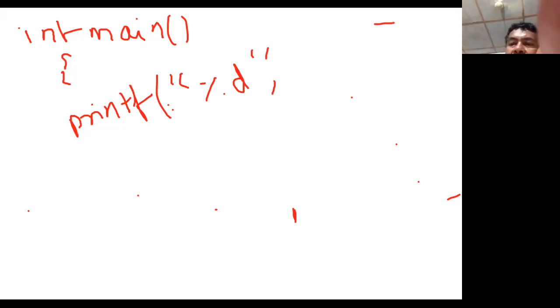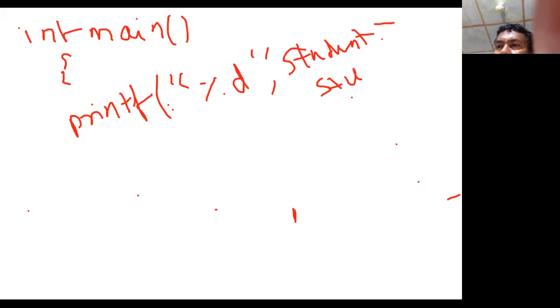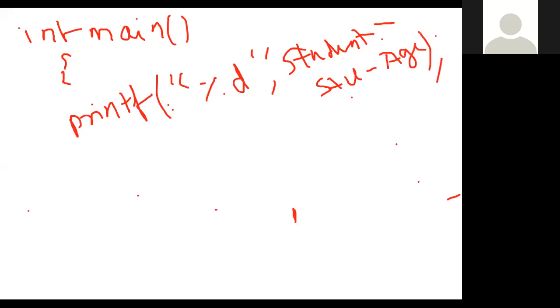Student, because you are putting struct student fully, then dot as you input the value earlier, dot, then what is the parameter? Student age. Over. Now it's clear? Yes, sir.